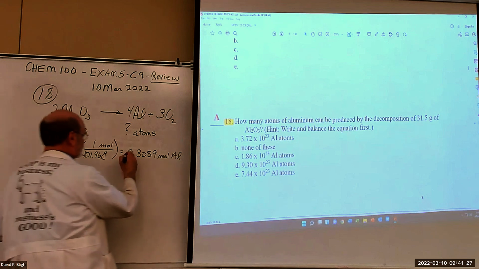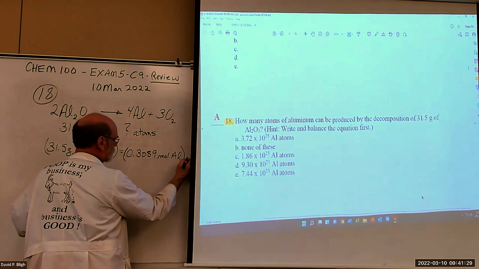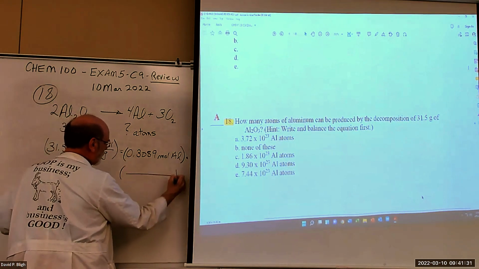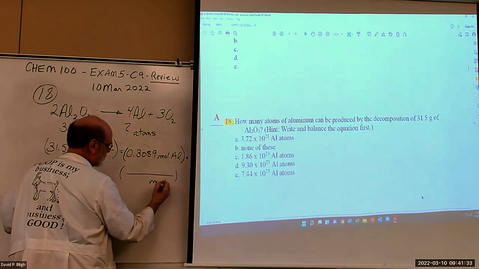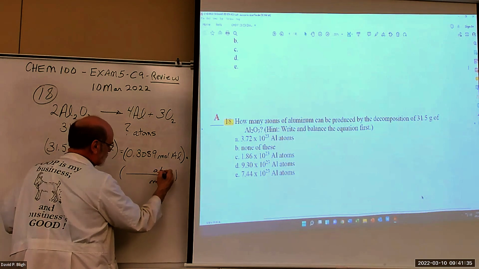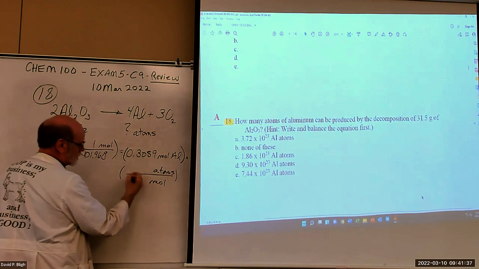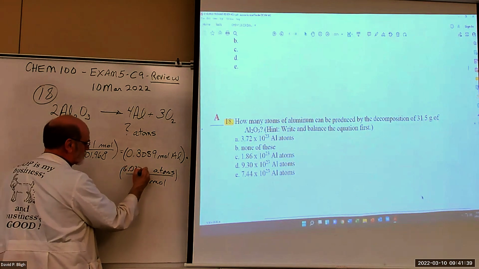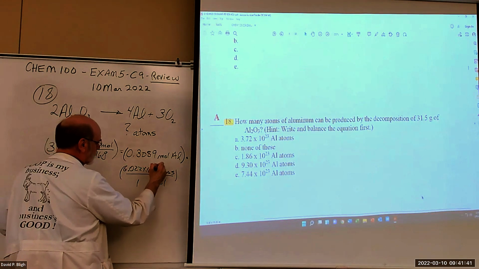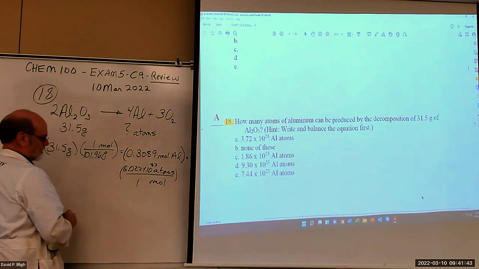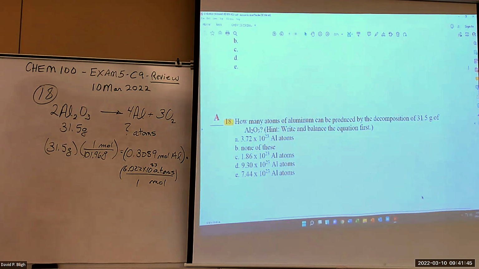Avogadro's number. So this one is going to be multiplied by moles on the bottom, atoms on the top. So this means 6.022 times 10 to the 23rd. So 0.3089 times 6.022 times 10 to the 23rd.